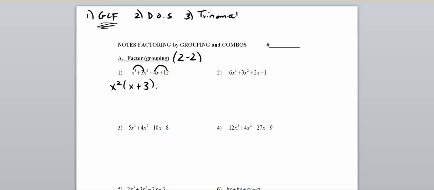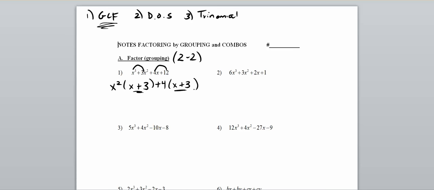Now I want you to kind of ignore those two terms, and let's look at the next two terms. What is the GCF here? Well, out of 4x plus 12, I can pull out a positive 4. So when I pull out a positive 4, let's see what's left over. 4x divided by 4 is x. 12 divided by 4 is 3. What's great about 2-2 grouping is if you've done the problem correctly, this binomial will be the same and it will be written twice.